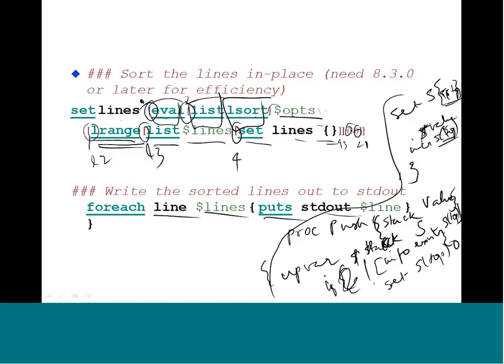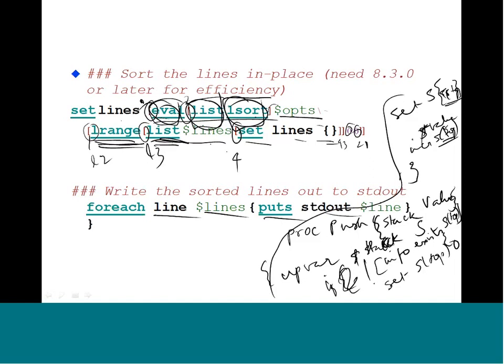Essentially, we do this command. Let's go through this one by one. We do an eval. There's a list, which converts whatever the output is into a list. Then we do an lsort, which is a list sort of the options, and then we give a range.